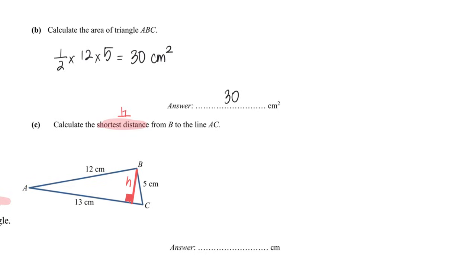and using this and my base 13, we could tap on our answer from part B where we found out that the area of this triangle is 30 cm squared. So half times this H times this base 13 is equal to the same area since we are talking about the same triangle.